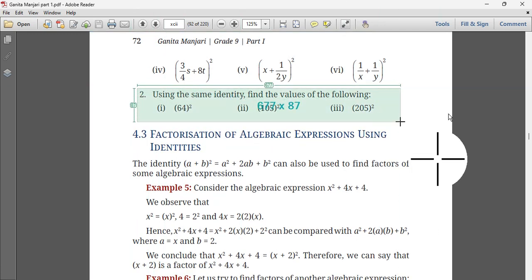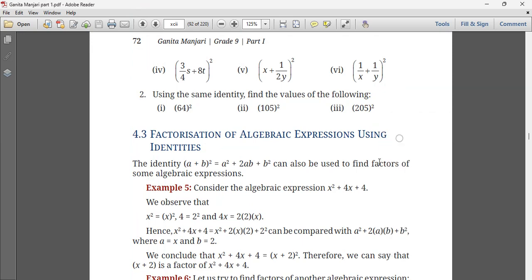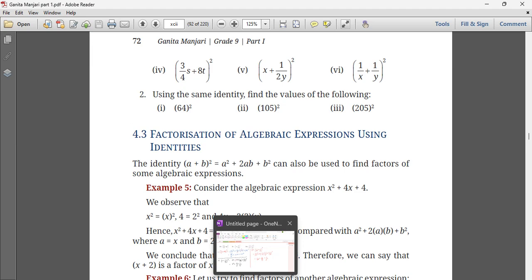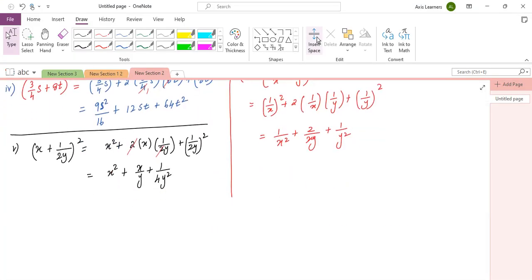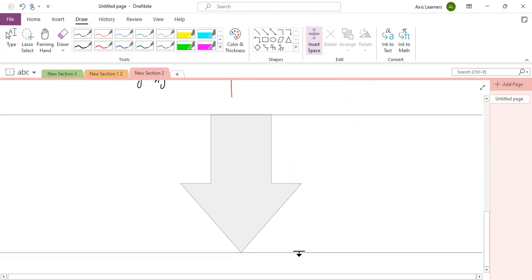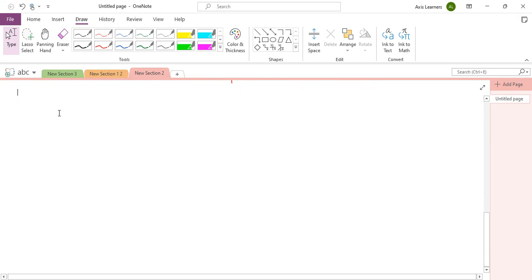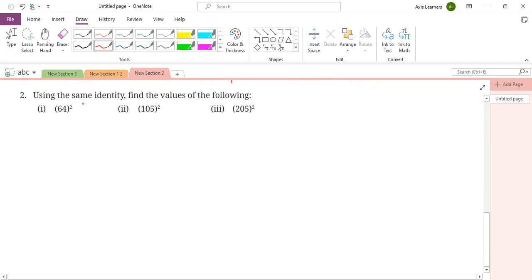Now second question, 3 subdivisions are there. We'll start doing this. Using the same identity, we know that (a plus b) the whole square expansion is a square plus 2ab plus b square. Now see this, 64 square. What is 64 square?